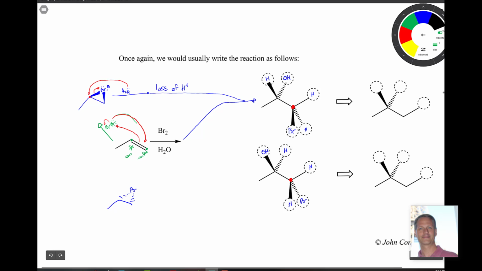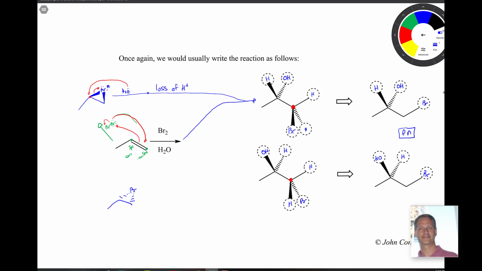So for our final product, we would write an H, an OH, and just throw a Br on there because it's not chiral. There's your bromo group there. We had our OH here on the wedge, so we'll keep it on the wedge. That would be your two products. And again, these are enantiomers of each other, okay?